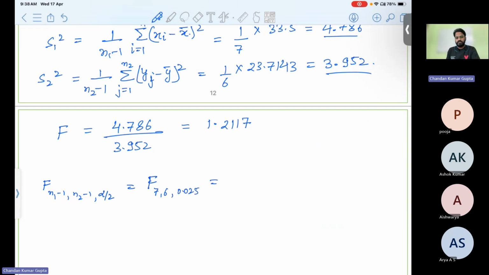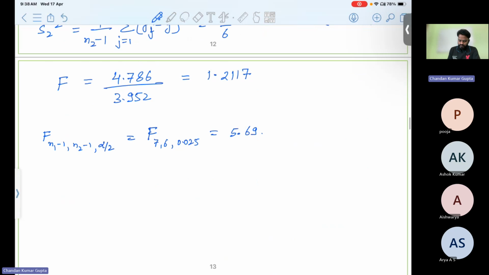This value is taken from the F table, and the F table has 2 degrees of freedom, one in row and one in column. So for 7, 6, we get the value 5.69.